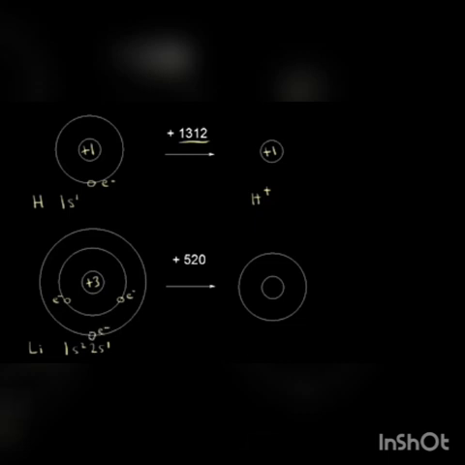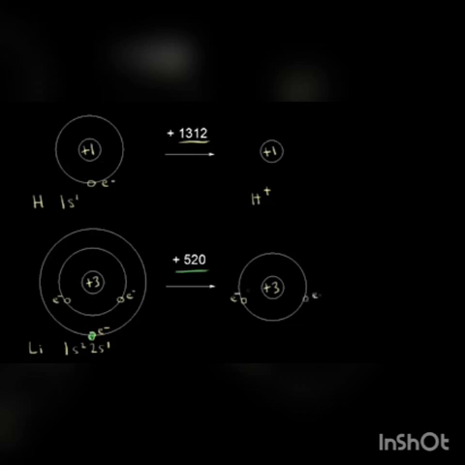So for lithium, if we were to take an electron away, the one that's most likely to leave would be this outermost electron here, the one in the 2s orbital. So if you apply 520 kilojoules per mole of energy, right, you can pull away that electron. And so if you did that, you'd be left with a +3 charge in the nucleus, right? And you would still have your electrons in the 1s orbital.